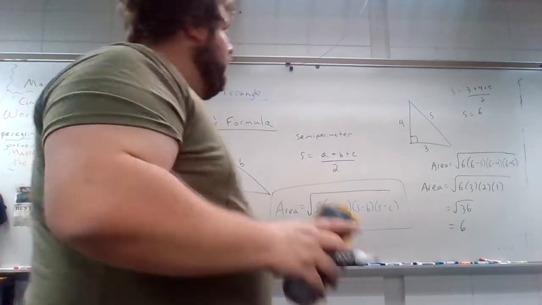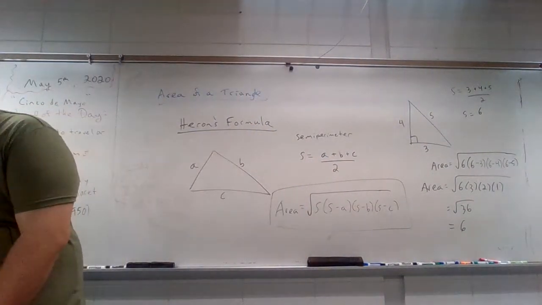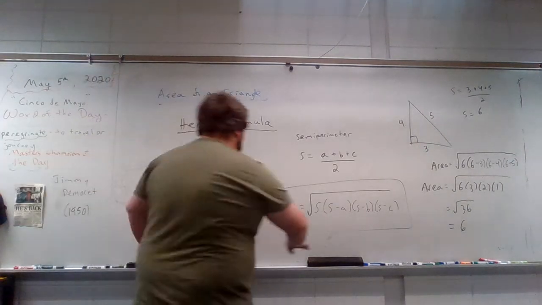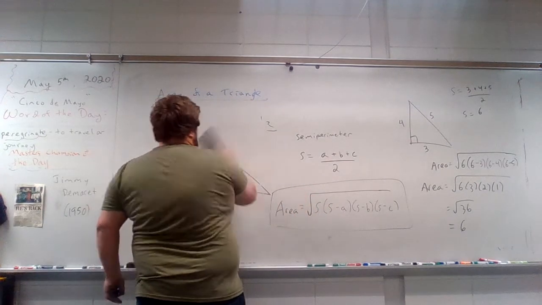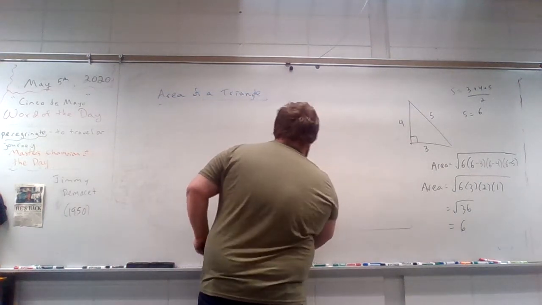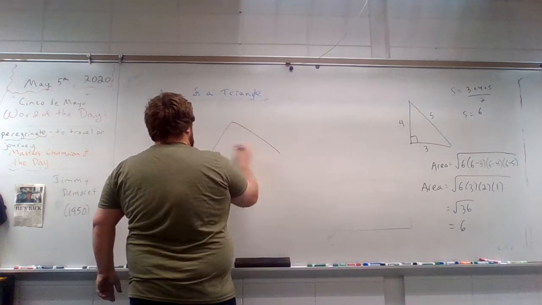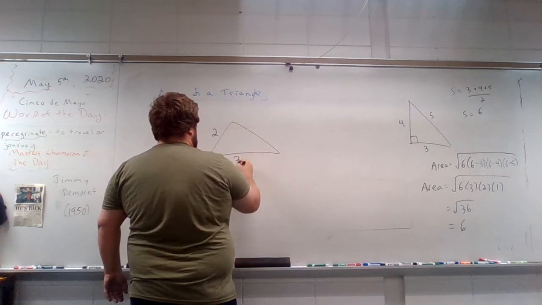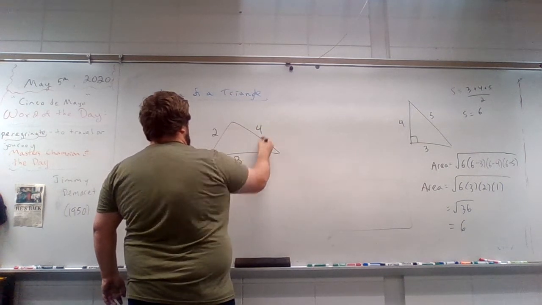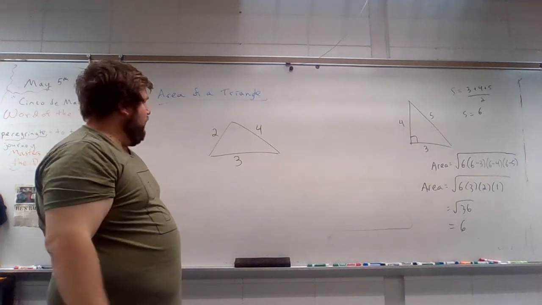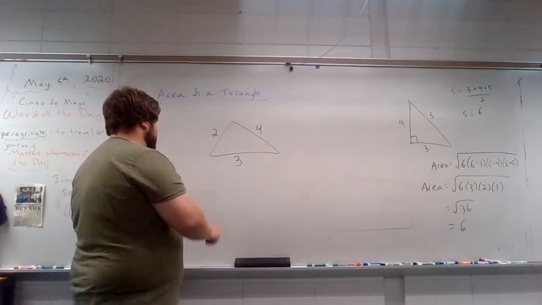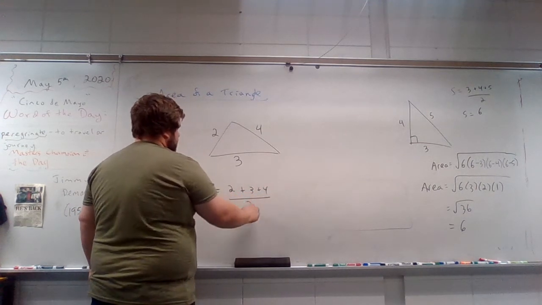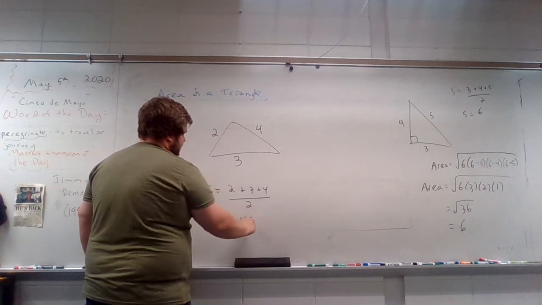I can use that with any triangle, even one that's not a right triangle, just some random triangle with three sides. Maybe like 2, 3, 4. If I really cared about the area of that, I can compute it. So 2 plus 3 plus 4, divided by 2, is 4.5.